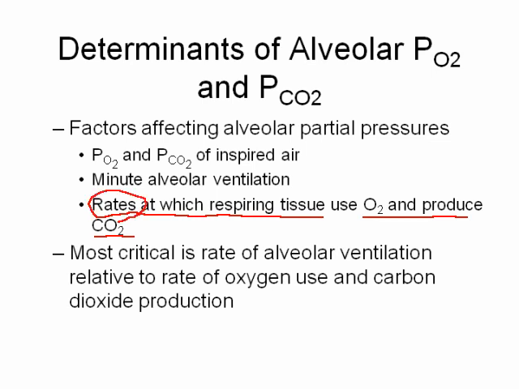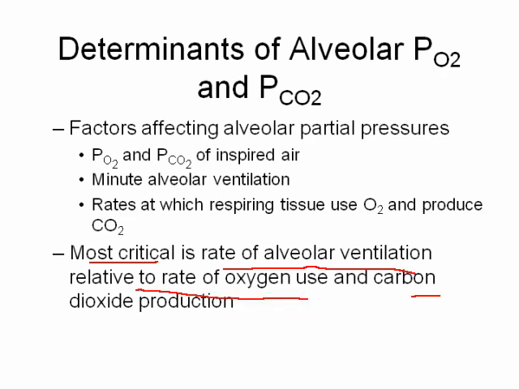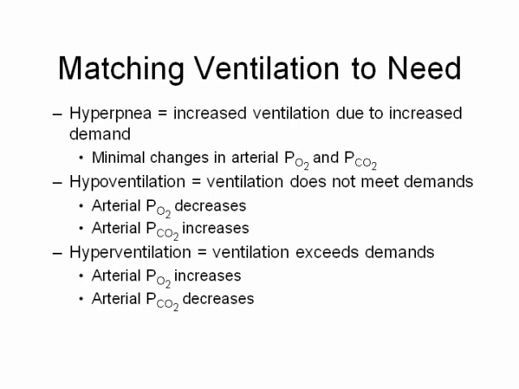But of course, those rates can change depending upon the metabolic activity of the tissue. And of course, that is going to increase or decrease the amount of oxygen consumed and the amount of CO2 produced. The most critical is the rate of alveolar ventilation relative to the oxygen use and carbon dioxide production. So it is the ventilation rate itself that is generally the most critical.